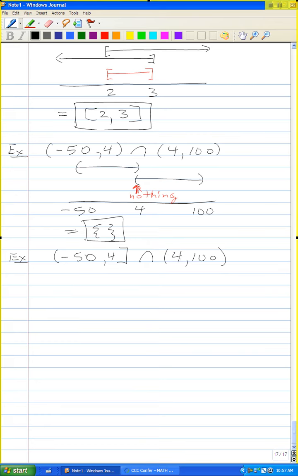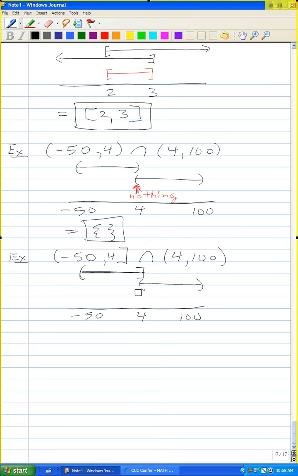So if we did this intersection, negative 50 to 100, well, it goes from negative 50 to 4, and from 4 to 100. Again, your answer would be nothing.